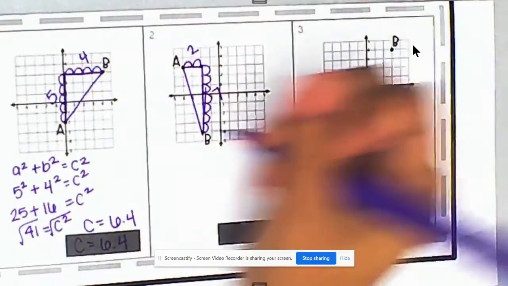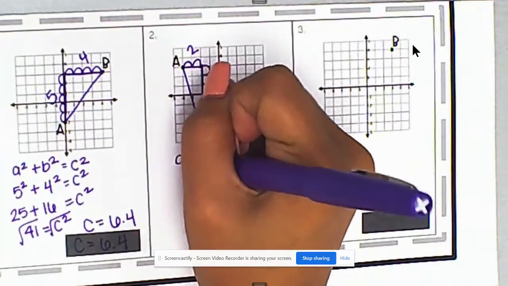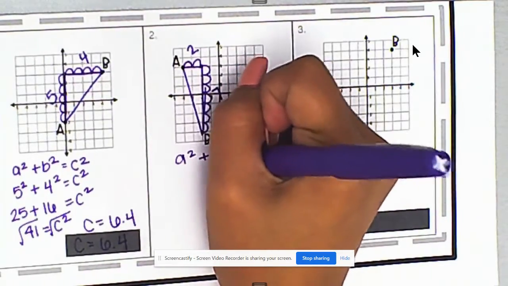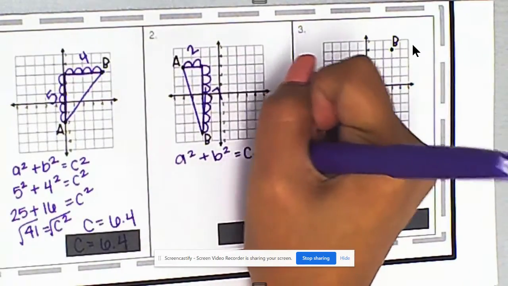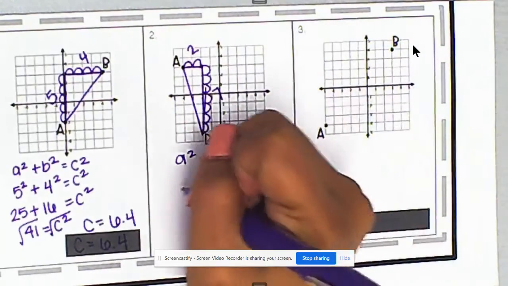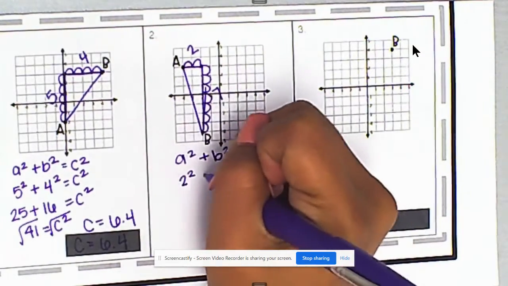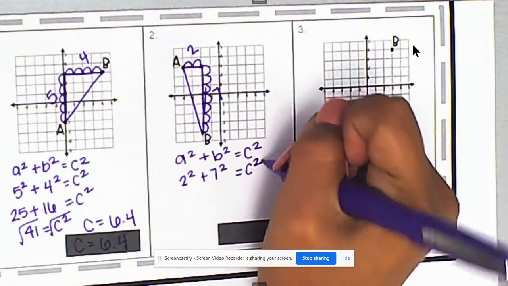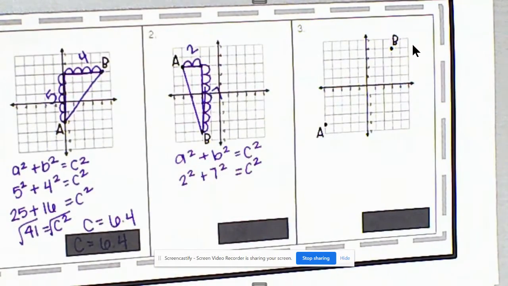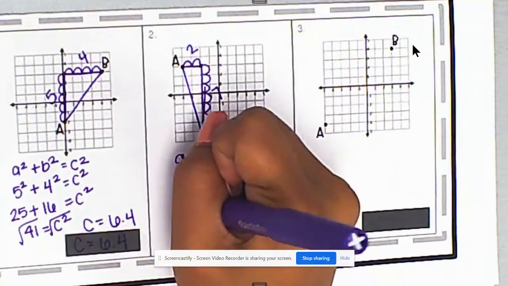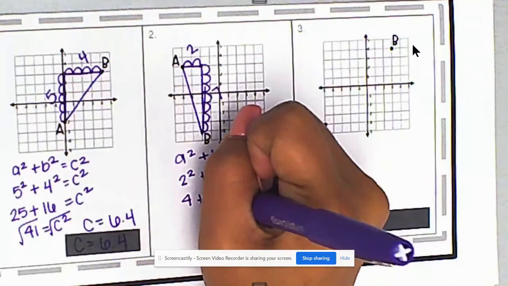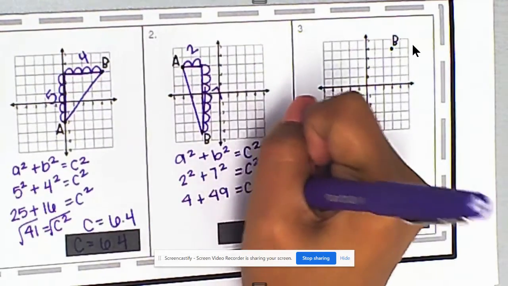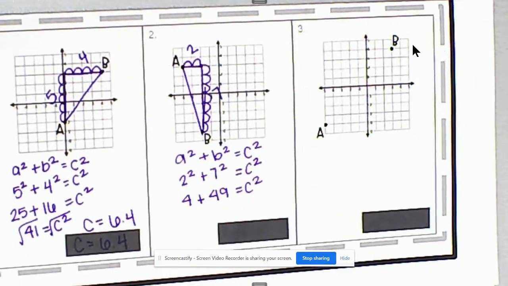So once I have my legs, I can do my Pythagorean theorem. Formula first. So that's 2 squared plus 7 squared equals c squared. 2 squared is going to be 4. 7 squared is 49. And that's equal to c squared.